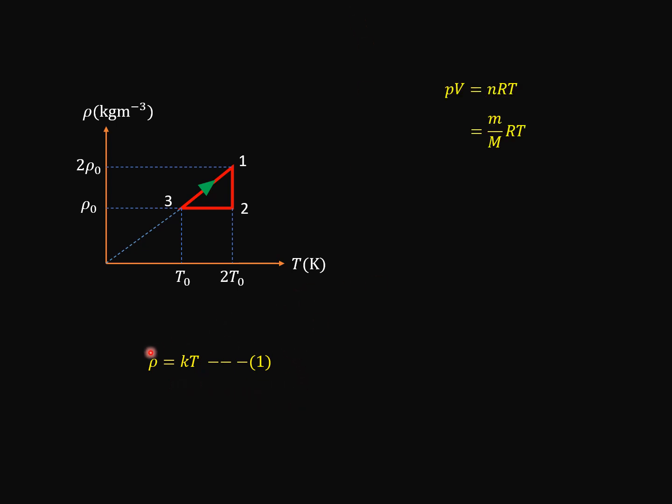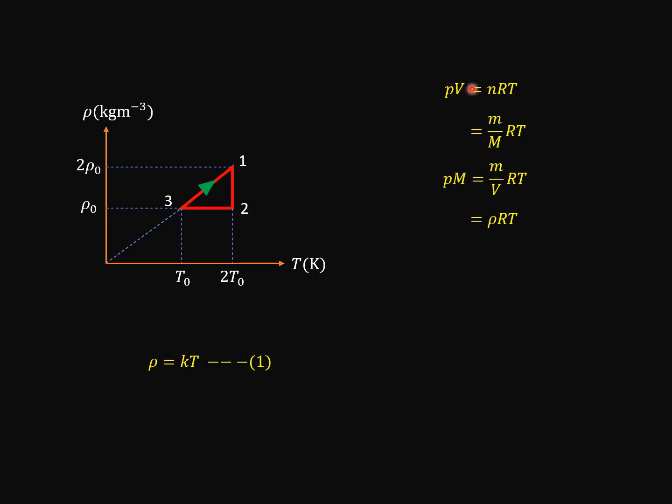But our aim is to know the relationship between the pressure and temperature. So we start from the equation of state, the ideal gas law, PV equal to nRT, and we change the number of moles n into m over M, where small m is the mass of the gas, which is fixed, and capital M is the molar mass of the gas.